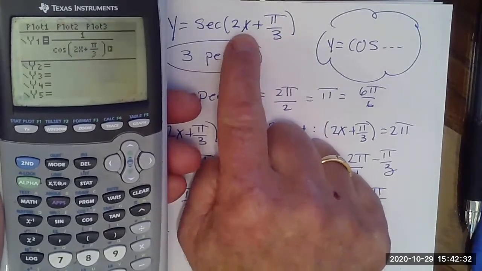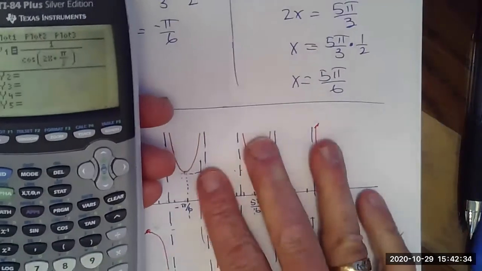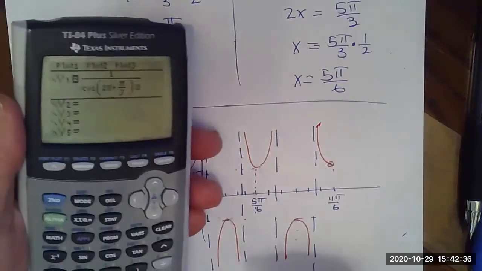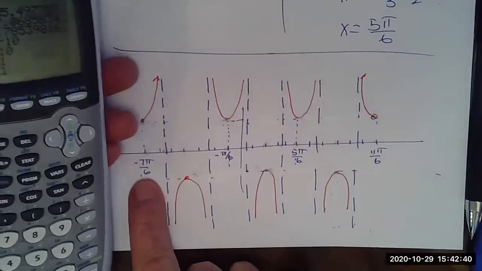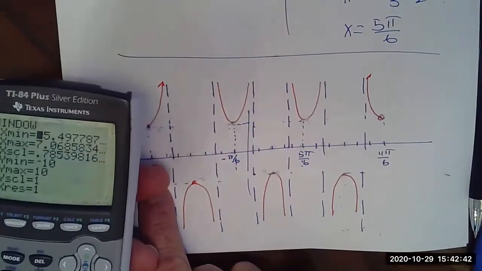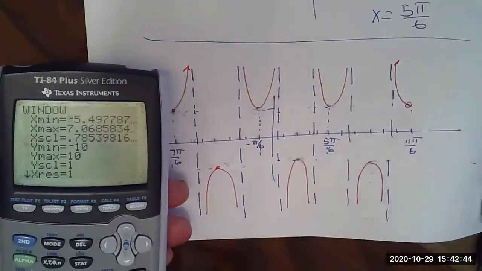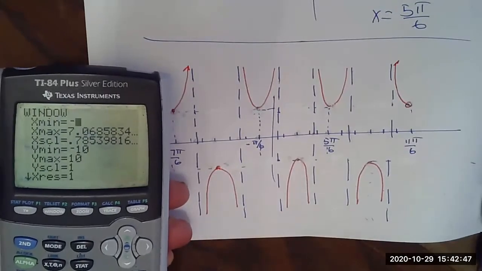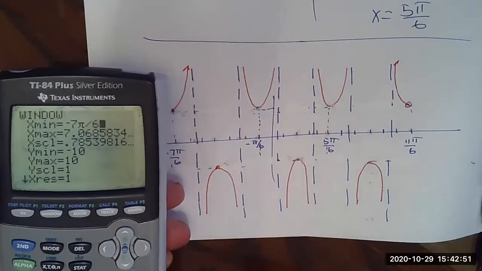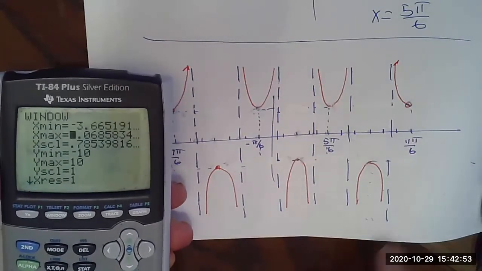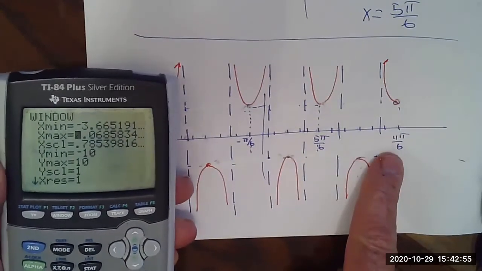Yeah, that looks good. Now I'm not going to hit zoom standard or graph. I want to change my viewing screen so it goes as far left as -7 pi over 6. So negative 7 pi divided by 6. And as far as 11 pi over 6.